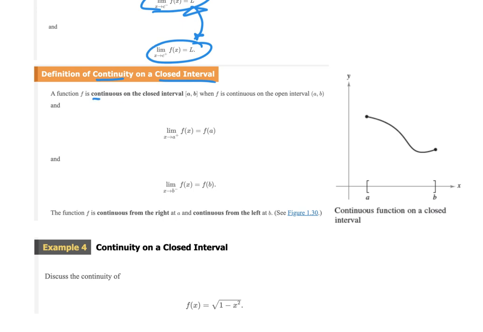A function f is continuous on a closed interval from a to b when f is continuous on the open interval, so we apply the definition for the open interval, and the limit as x approaches the left boundary a from the right equals f of a, and the limit as x approaches the right boundary b from the left equals f of b. Essentially it just means the endpoints are what you would expect.